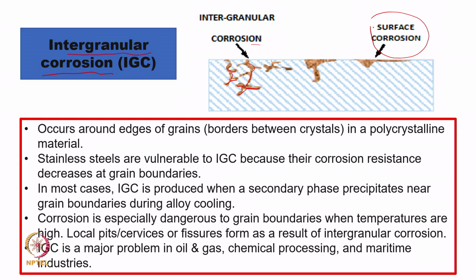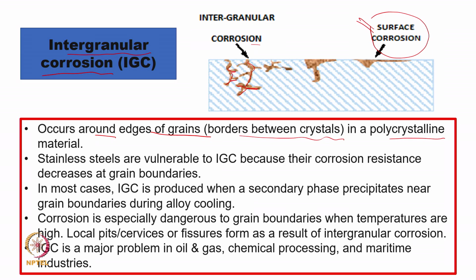So, not only surface corrosion, there is a possibility that a passage has been provided by the weak boundaries, and then corrosion progresses inside, and maybe a whole chunk will come out, so the pitting possibility is there. What is the meaning of this? If you want to express it in a word, we say IGC occurs around the edges of grains, and grains are the boundaries or borders between the crystals in a polycrystalline material.